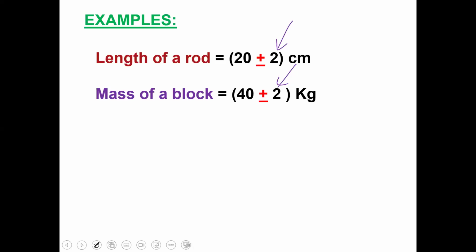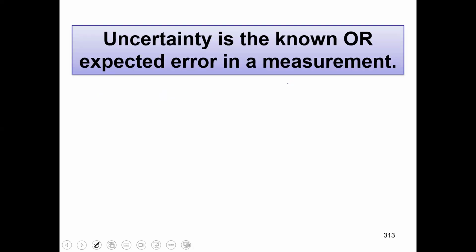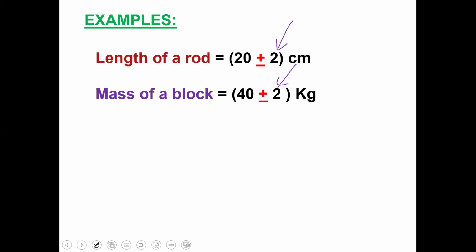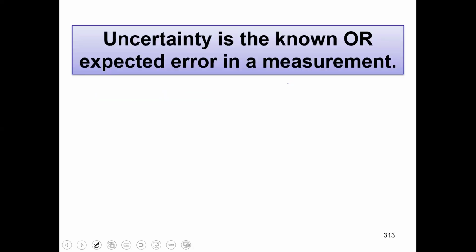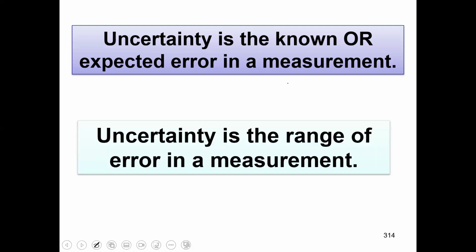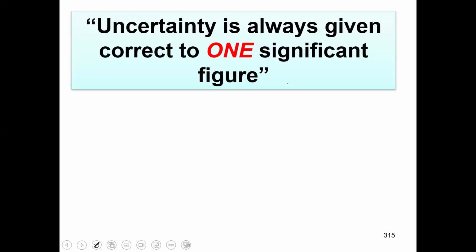It's the estimate between the true value and the actual value. The best example is the marking scheme, which writes answers like that. Uncertainty is the known or expected error in a measurement. Uncertainty is always given correct to one significant figure.